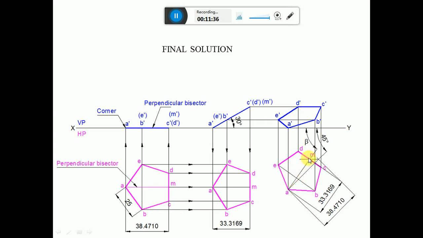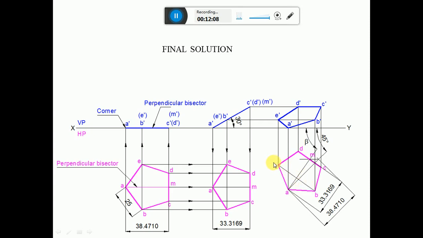So on this line AM you reproduce this sketch. How? With A as center, by using the compass you measure the distance from A to this point. From A you cut an arc on that beta inclination line, that is the apparent inclination line, and this line is perpendicular to AM. So we have AM now on this line. By using the protractor, you keep the protractor on this line and measure an angle of 90 degrees with respect to this AM line and mark these points.